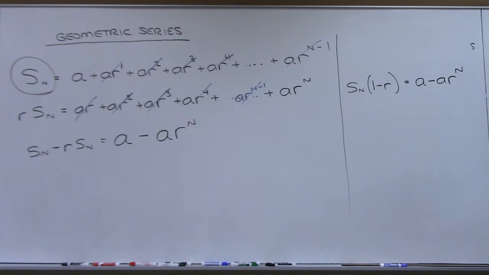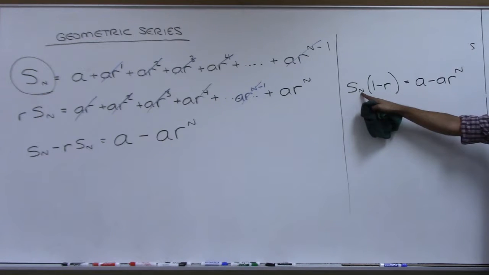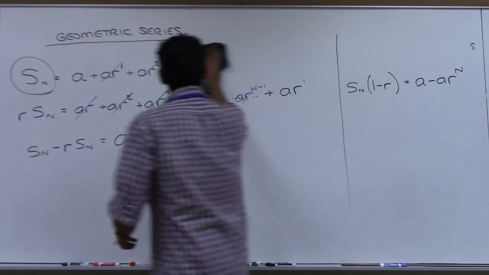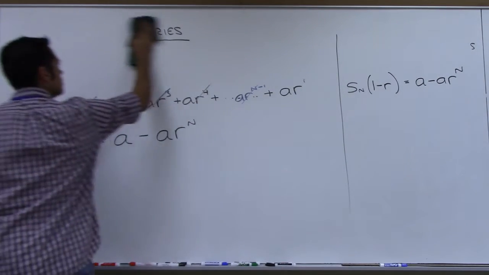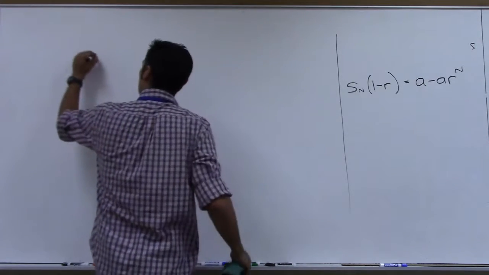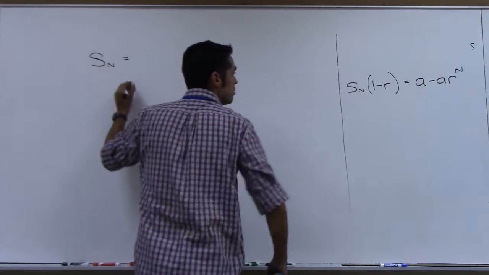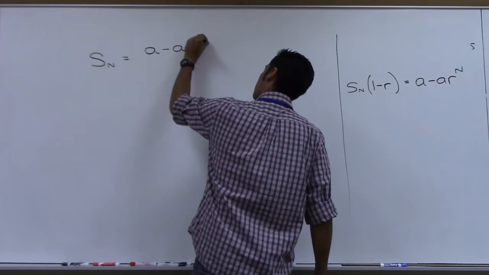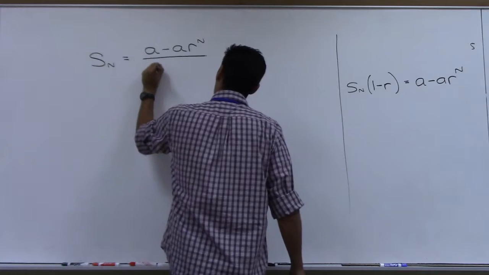Yeah? I wanted s sub n, don't I? Let's divide through by 1 minus r. So s sub n would be equal to a minus a r to the n over 1 minus r.